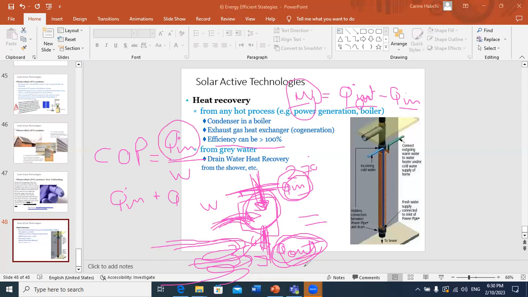Of course, maybe you will not be able to recover 100% of it, so times a certain percentage; the larger this percentage, the larger the heat recovery over W. You can then reach very large efficiencies, larger than 100%.